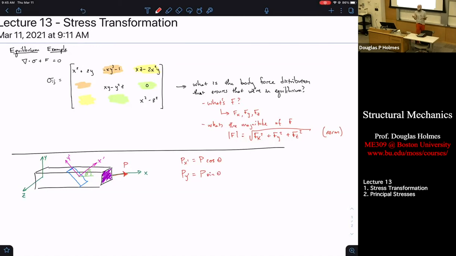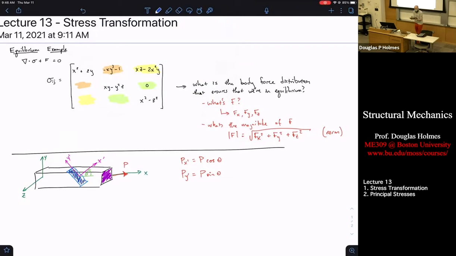There's another complication. We want the stress in this direction, which means we need to take the force in this direction, which we have now, and divide it by the area in this direction. Area also changes. You can see it in my drawing. The area of this thing is not the same as the area of my other thing.